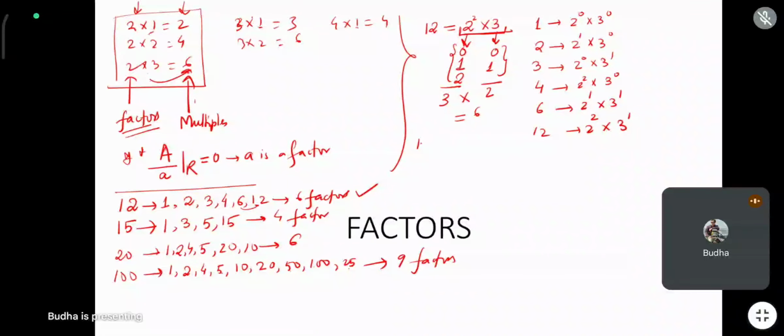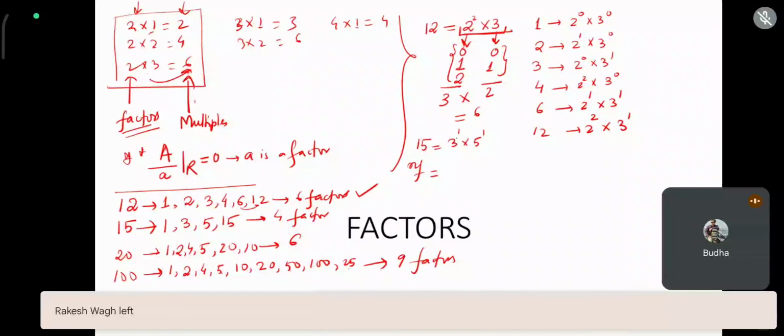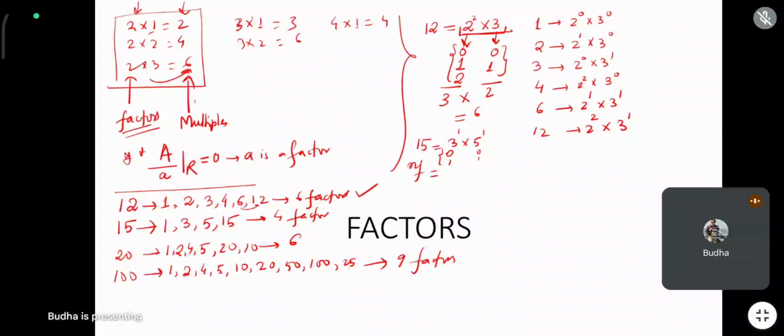So when I talk about 15, 3 into 5, the power is 1 each. So the number of factors would be, मैंने कहाँ से स्टार्ट किया देखो, पहले 0 से स्टार्ट किया till this power. That means 0 and 1. 0 and 1. So I have 2 into 2, which is 4.